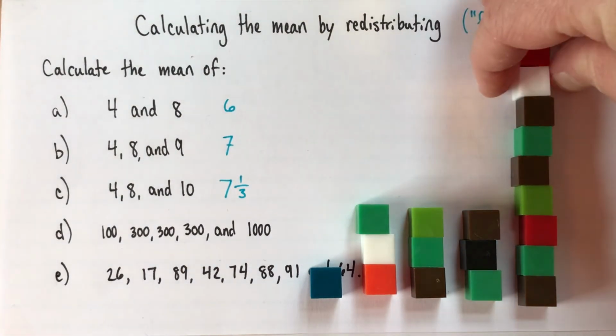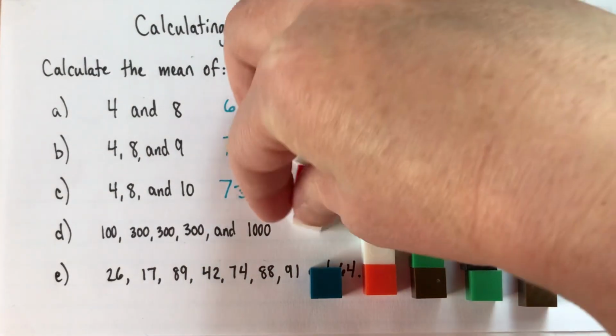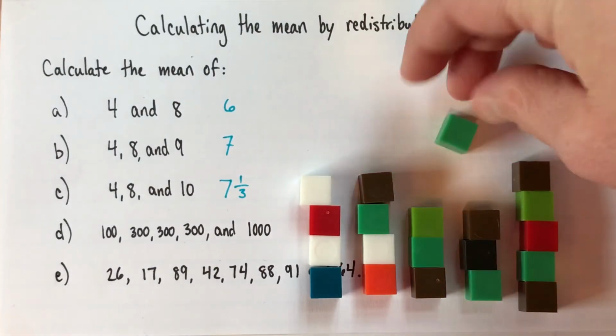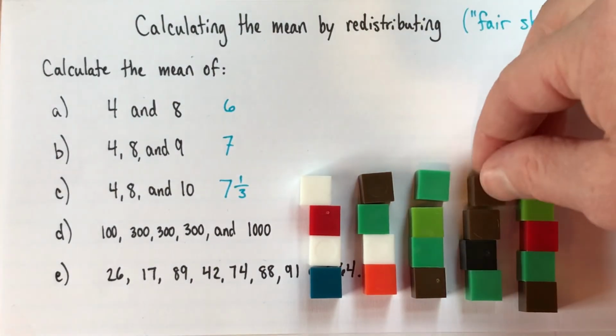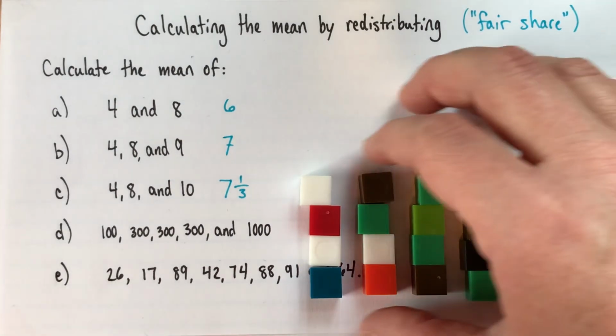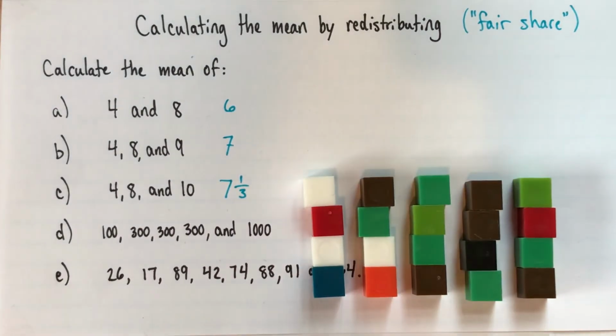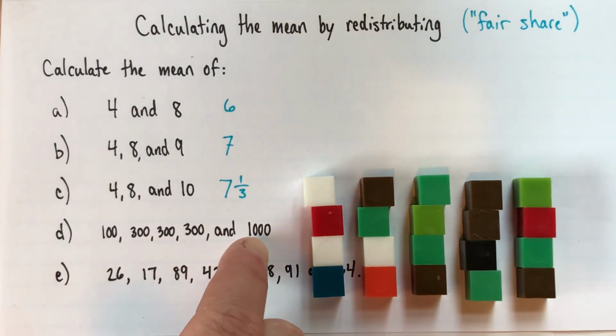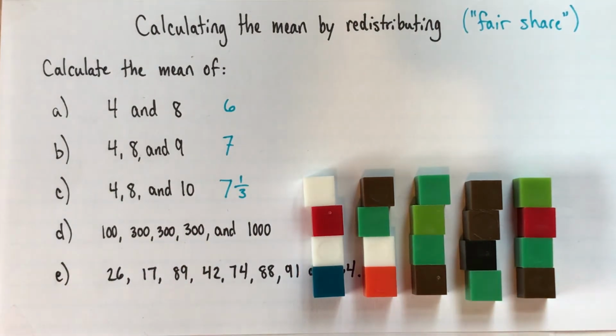Alright, so I'm going to start off. I know I need to pass some of these ones around here. There we go. So that one worked out quite nicely. So the mean of 100, 300, 300, 300, and 1,000 is 400.